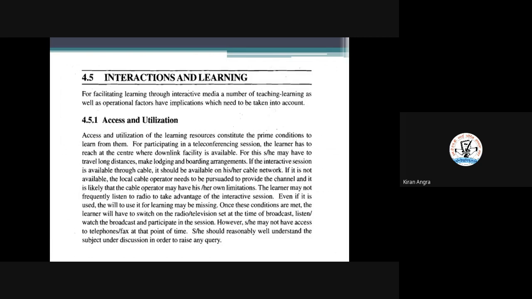You have to request your local cable operator to give you that network, so that you can download those sites and learn. So these are the implications in accessing and utilizing this interaction technique.